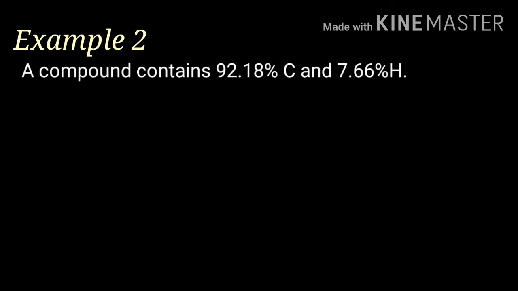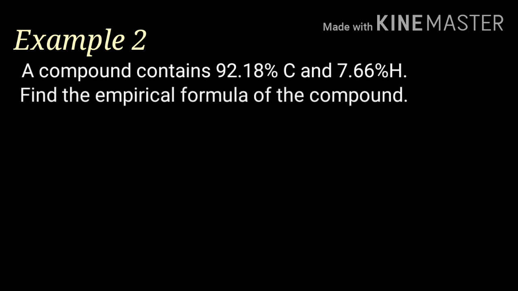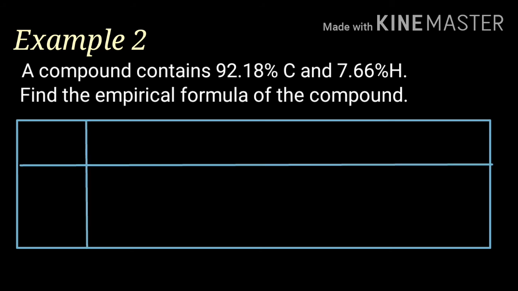Example 2. A compound contains 92.18% carbon and 7.66% hydrogen. What is the empirical formula of the compound? As in the case of first example, let us tabulate their mass percentages.